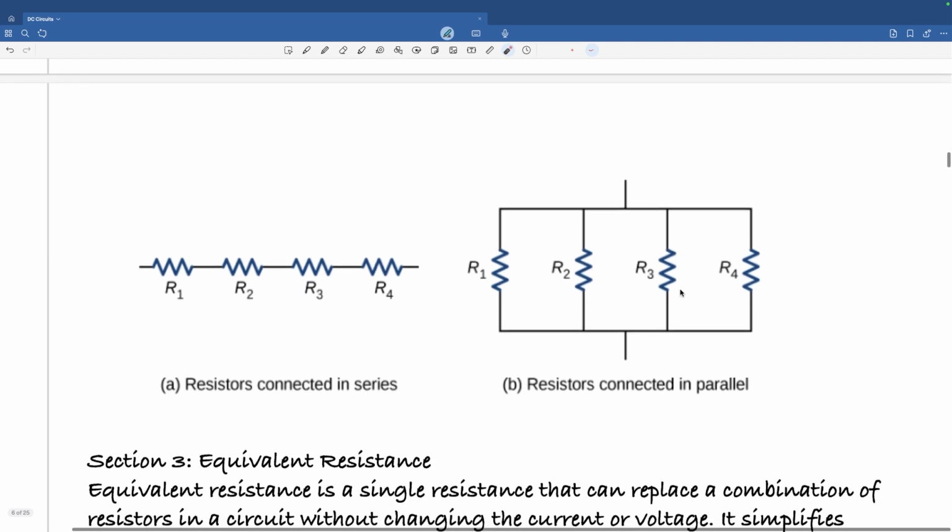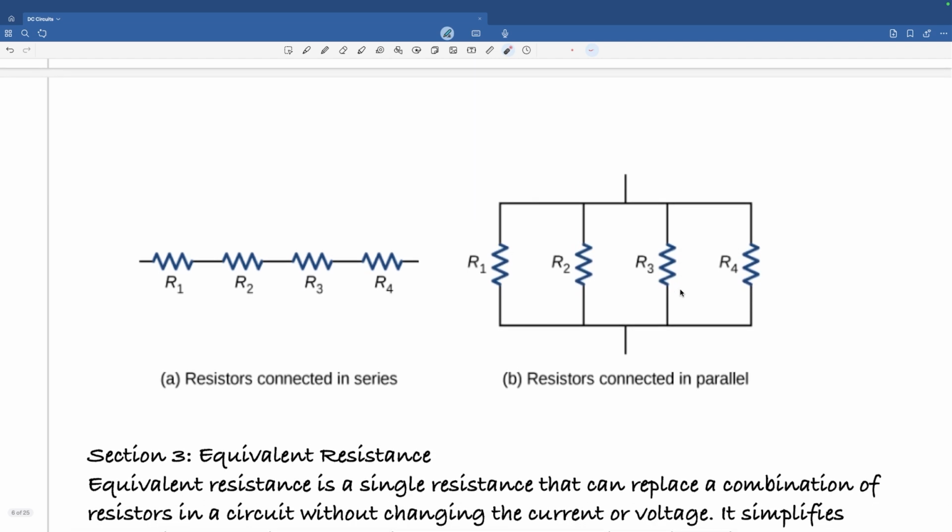All right, so the next topic is connecting resistors. You can connect resistors in series or in parallel, or you can have a mix of series and parallel. Now, when you connect resistors in series, you see that you connect them end to end, and therefore the total resistance increases.